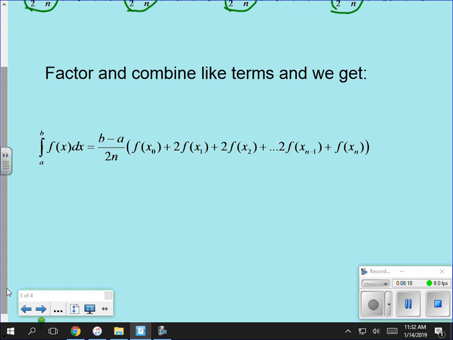All your y coordinates happen twice, except for the first one and the last one. This is the trapezoid rule. That is the formula you need to have.